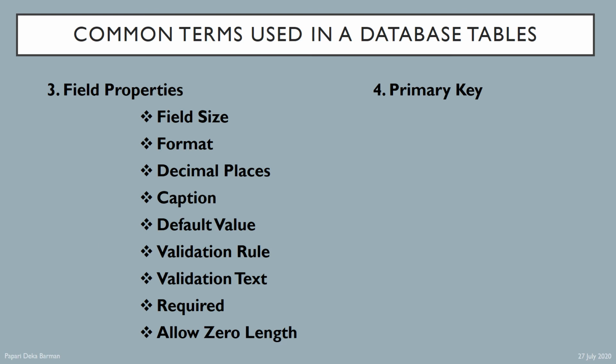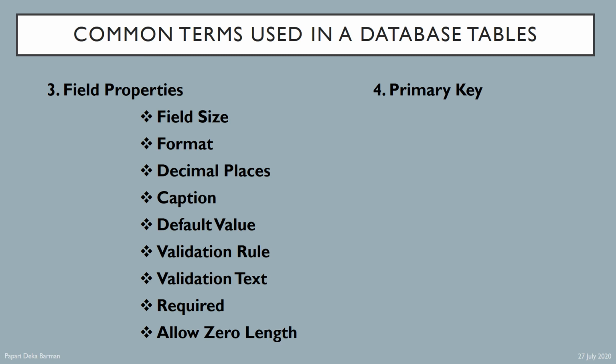Third one is field properties. In field properties we have different options like field size. Whenever you define the name of a field, you can define the size of the field also, meaning up to how many characters you want to enter as data. Next one is format.